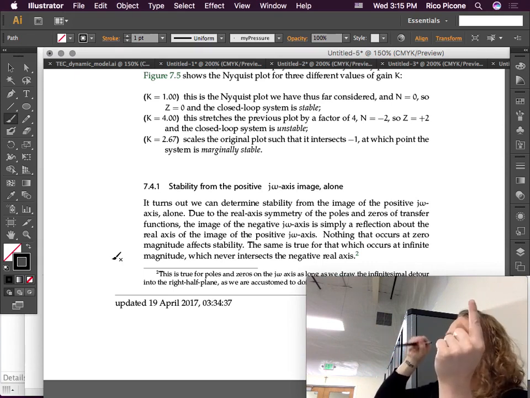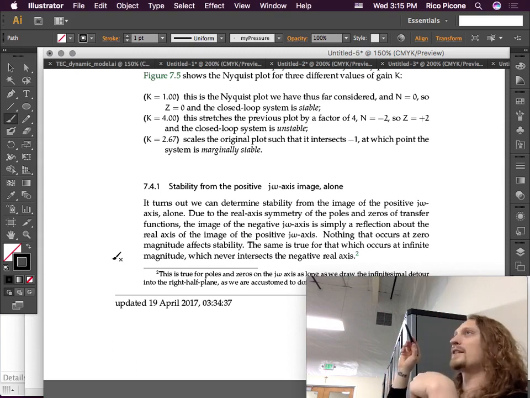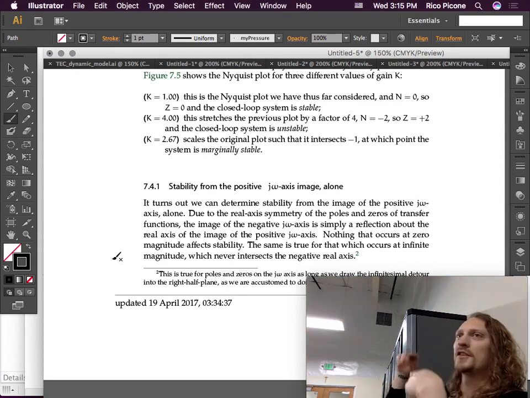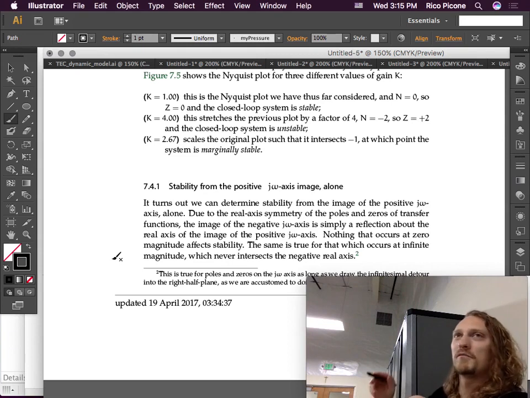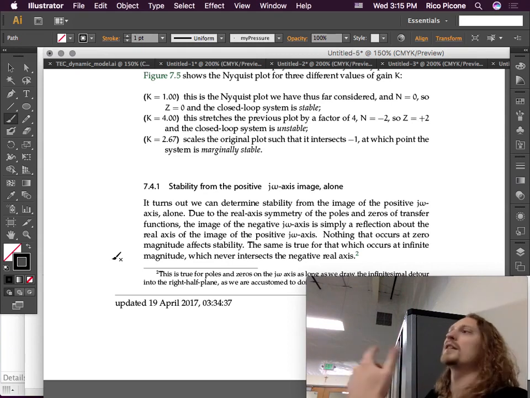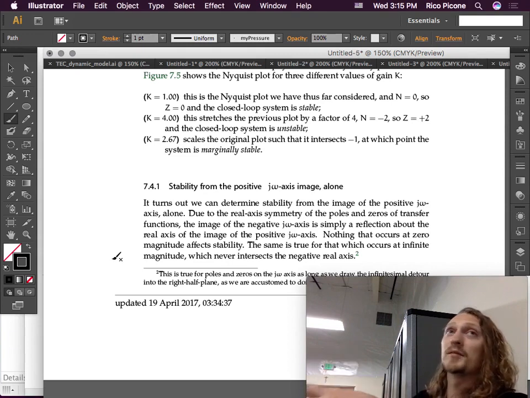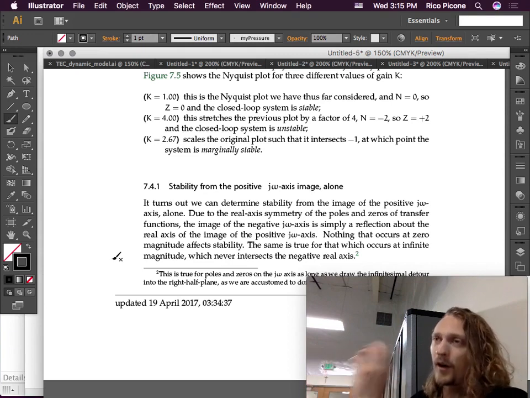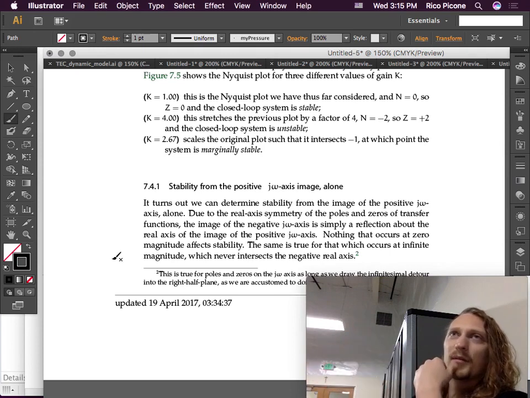So you can be doing circles over here and it's never encircling -1. So that's convenient. So the negative j omega axis does matter, but it's just a reflection of the positive j omega axis, and then this big arc that we mapped to the origin doesn't have an effect on stability. So we can find stability from just the positive j omega axis, and then knowing that we just flip it for the negative j omega axis.